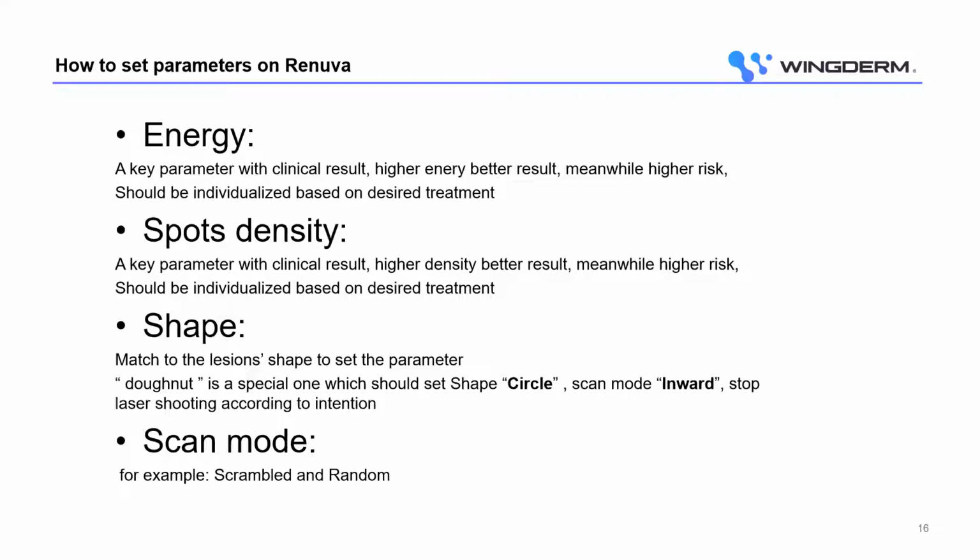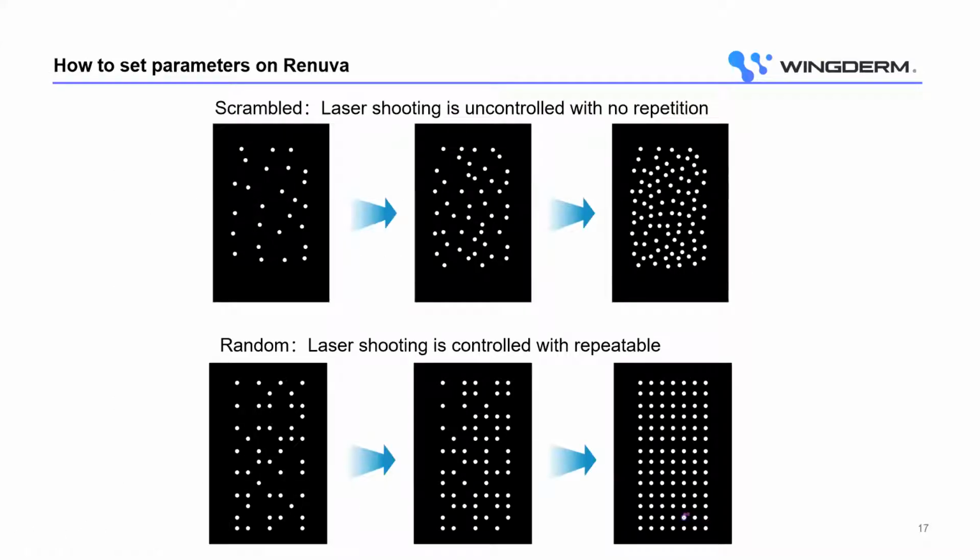Spots laser shooting according to your intention. And another part is the scan mode, for example, scramble and random. The scramble is the laser shooting uncontrolled and no repetition for the same area, even if you shoot many times. The random is the laser shooting under control and repeated for the same areas when you shoot again.